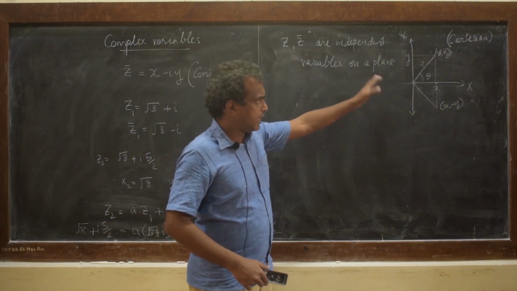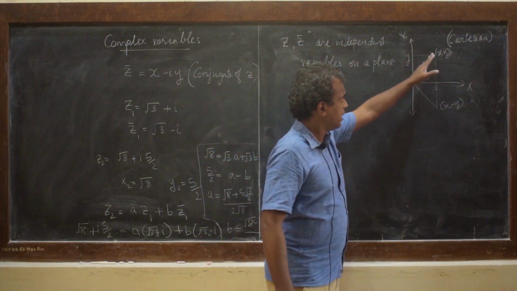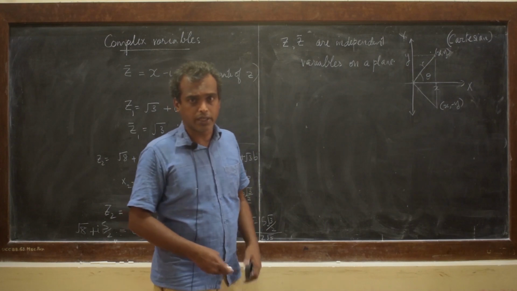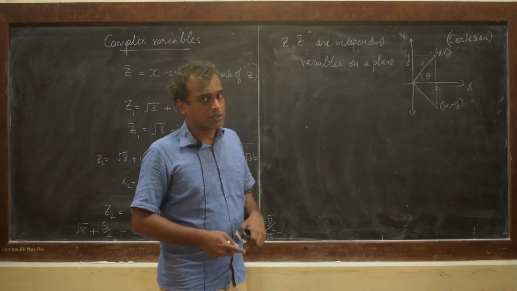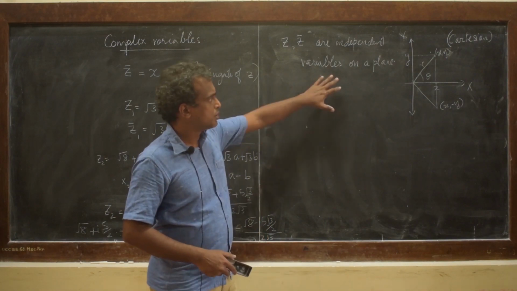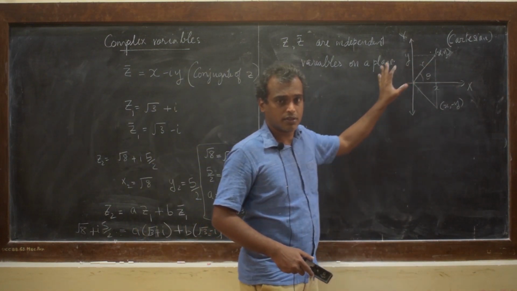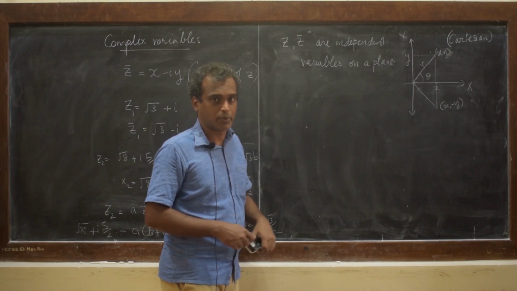This is quite natural because any two lines on a plane that are not collinear can be used to provide a coordinate system for the points on that plane.